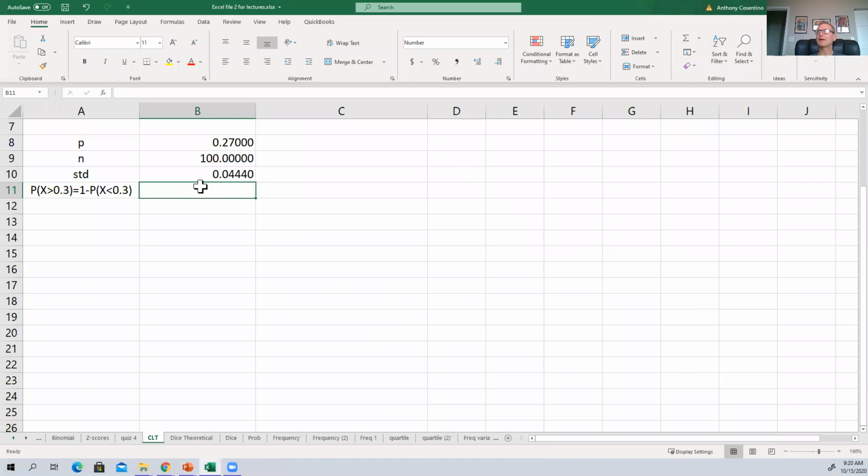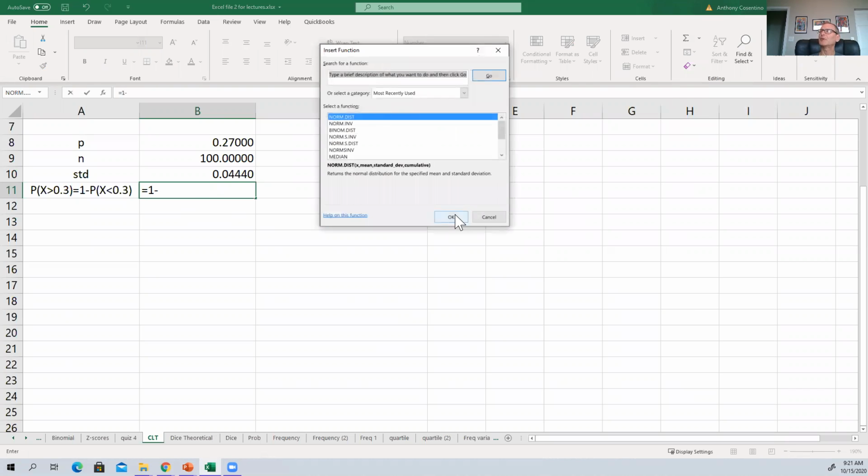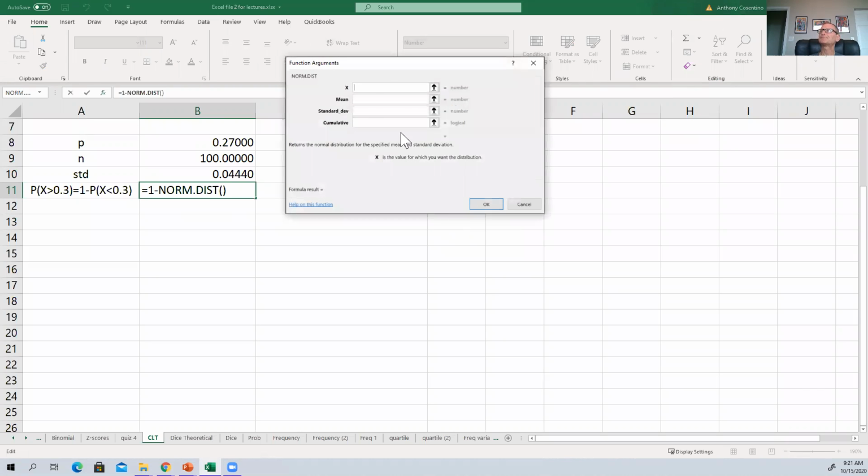So how do you do this calculation? Well, here we want to do equals 1 minus, and then you want to bring up our normal distribution again, so that would be norm.dist. We have all these values in here. This would be 0.3.